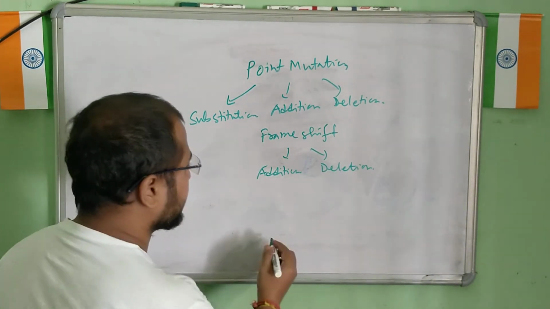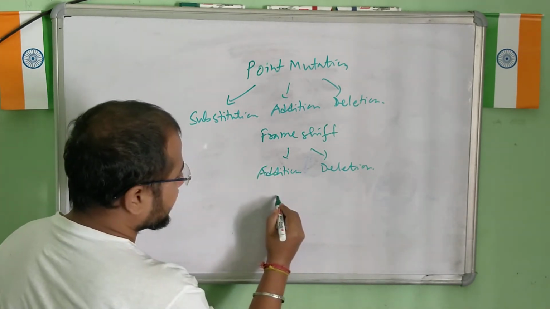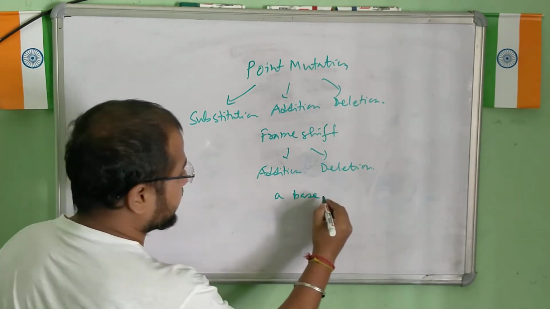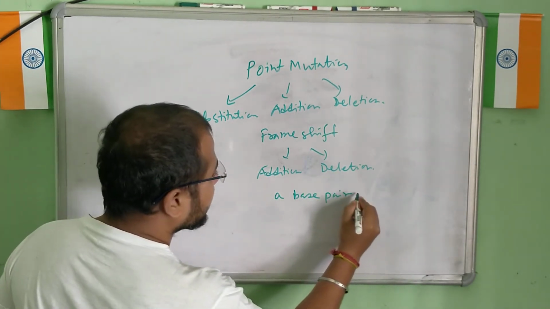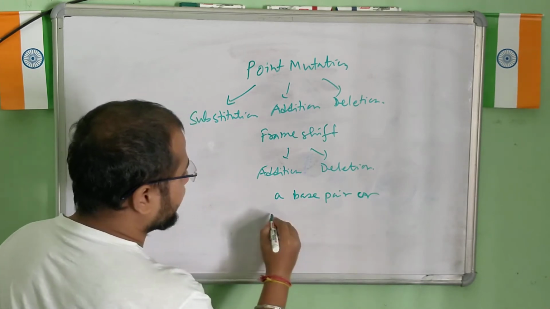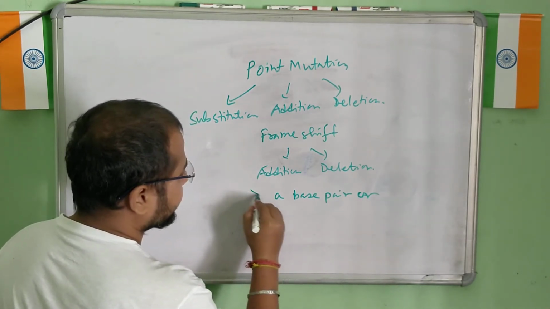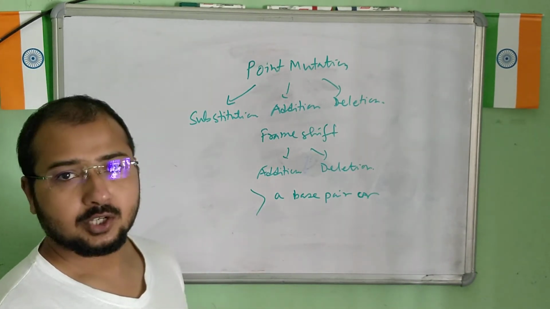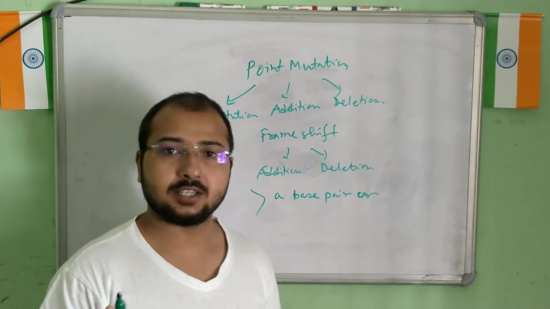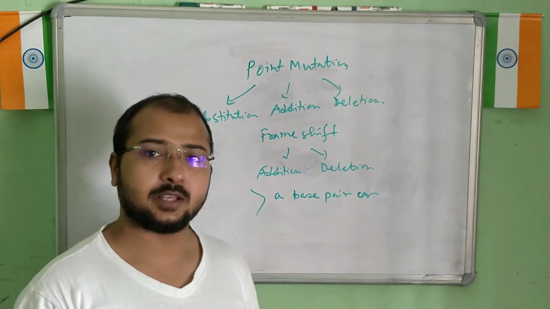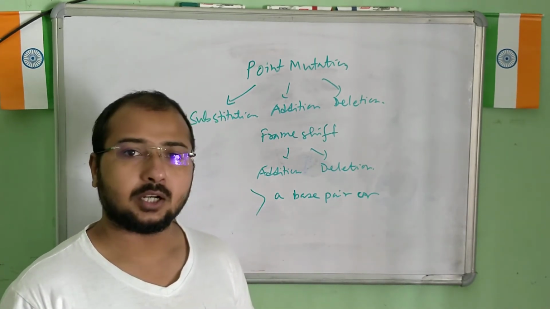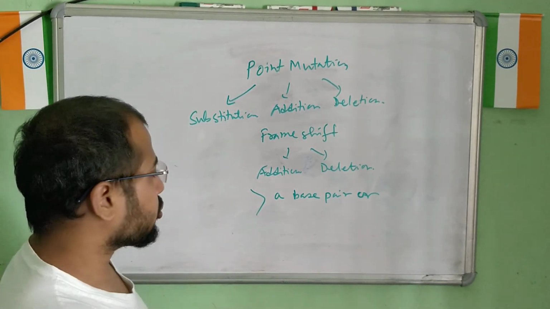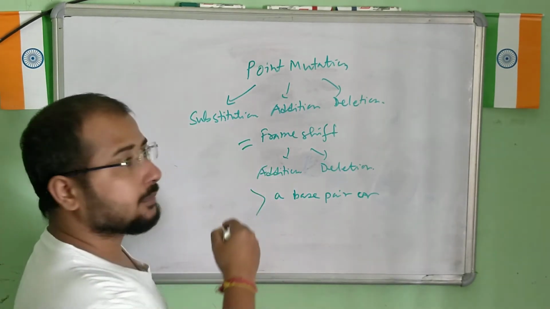Frame shift mutation deals with changes in a base pair or more than one base pair. One base pair means two nucleotides, so it is dealing with more than one nucleotide. The change or mutation takes place in more than one nucleotide molecule. It may be a base pair or more than one base pairs. That is the frame shift mutation.